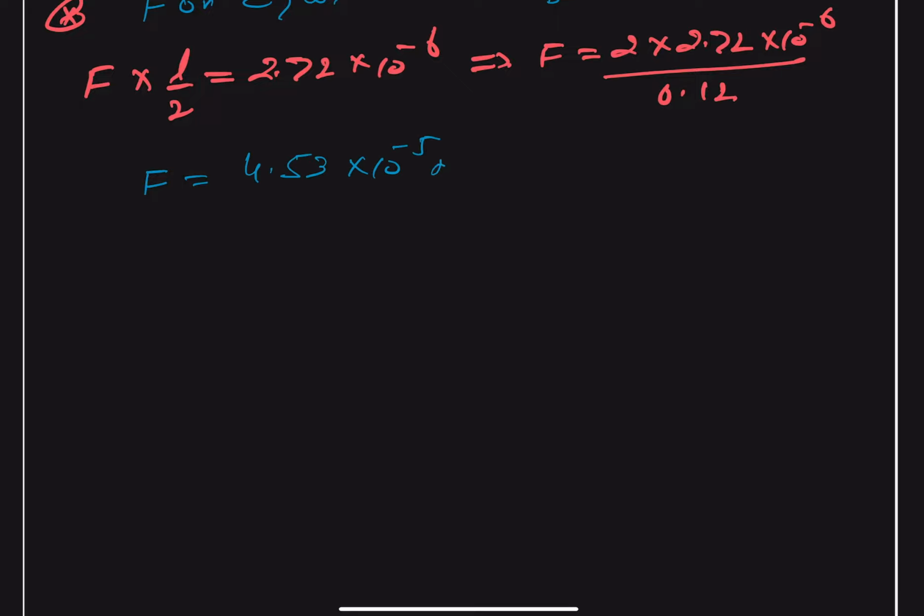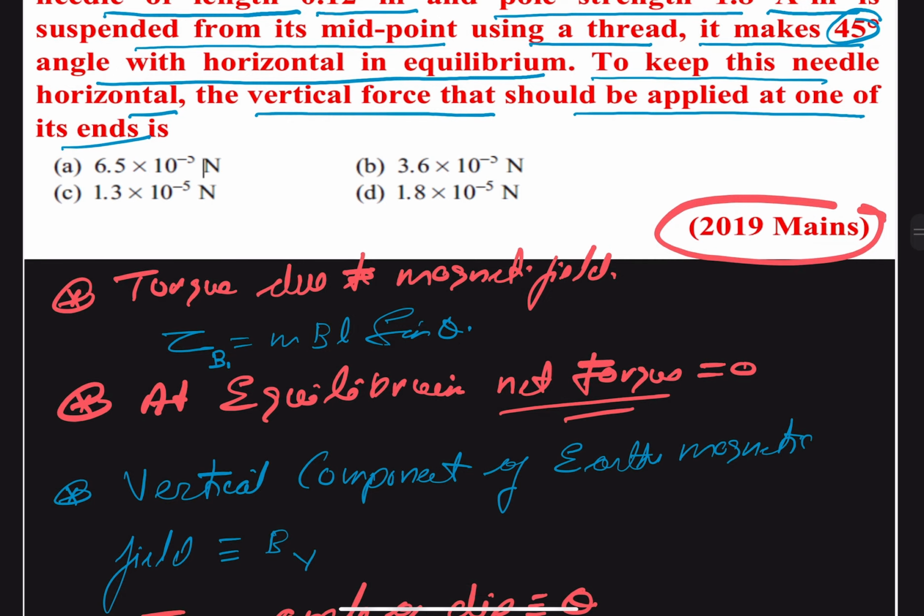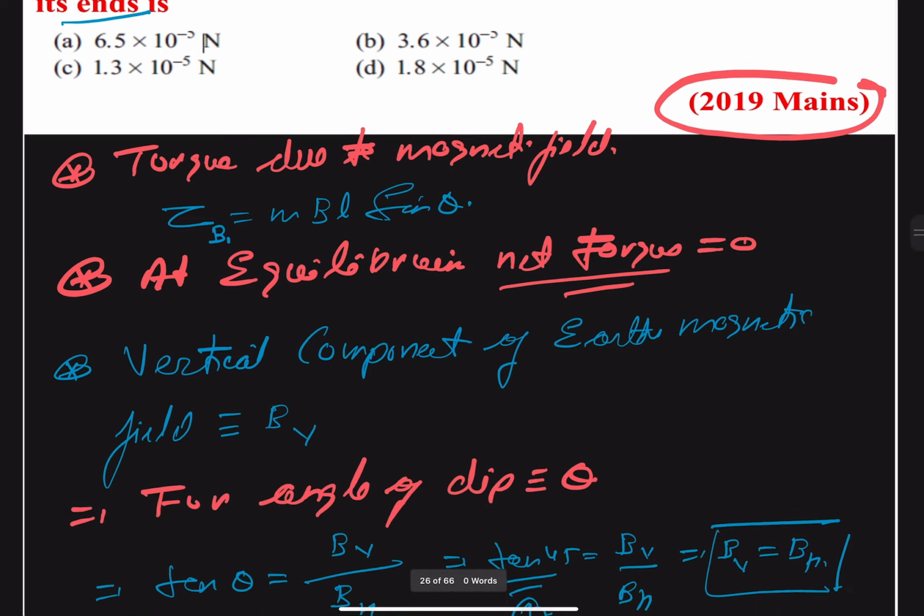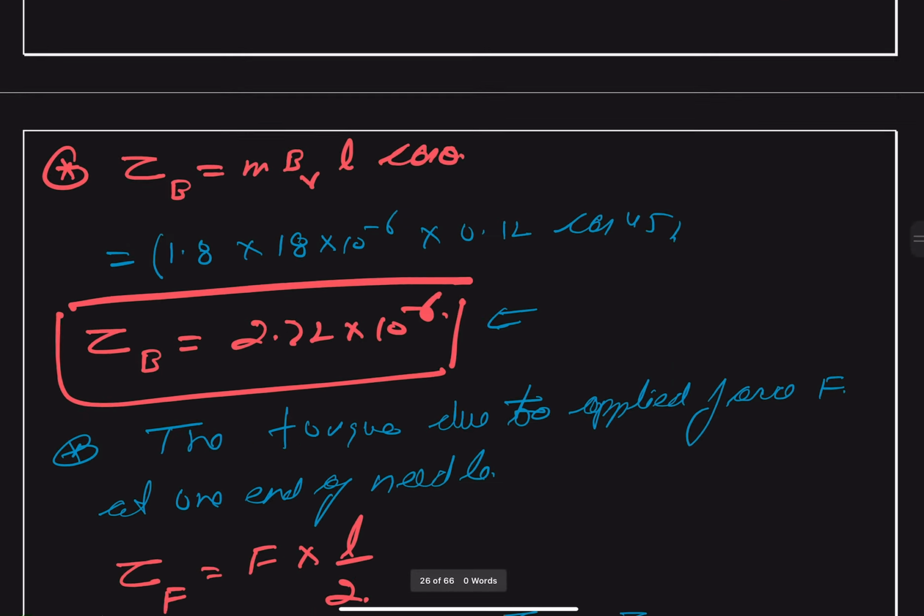So I think the closest option is option number B. This is the closest one you can find. You can say option B is the correct one.